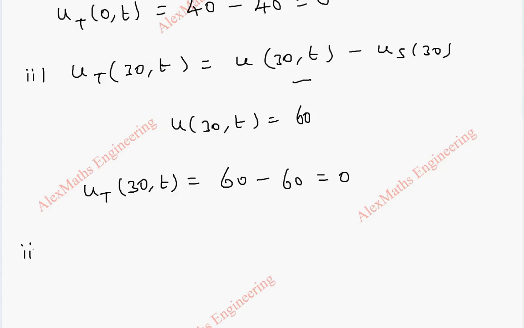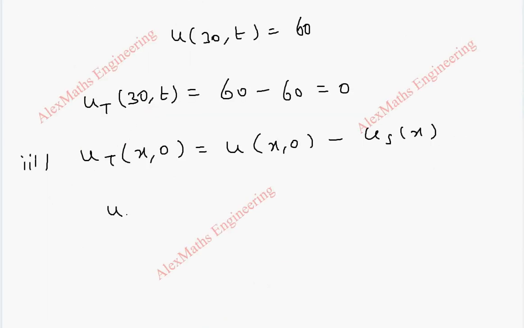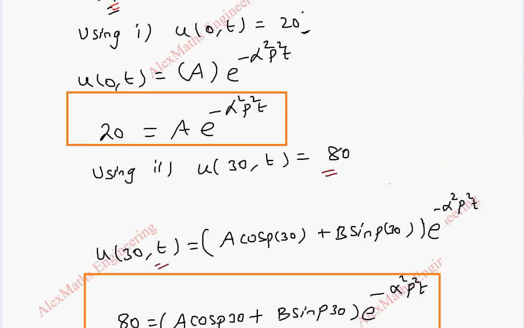Now coming to the third condition, u t of x comma 0. This will be u of x comma 0 minus u s of x. And now u of x comma 0, let us take it as the function which we already got here.